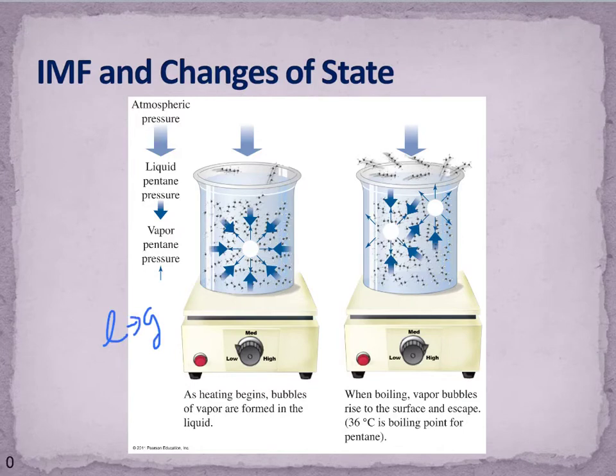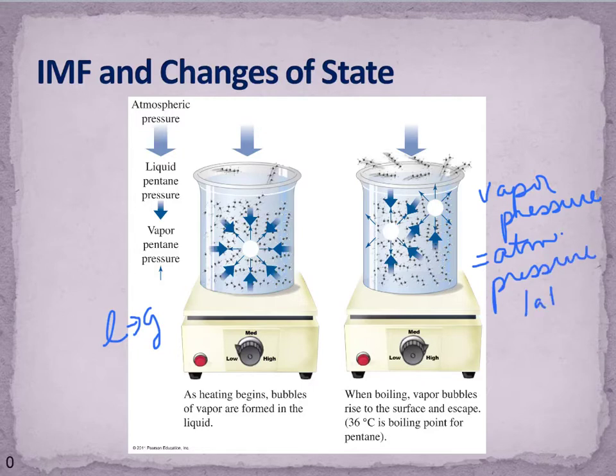At some point, we put enough energy in so that the vapor pressure equals the atmospheric pressure. So when the vapor pressure, the pressure of those gas molecules above the liquid, equals our atmospheric pressure, which for most parts of the U.S. is about 1 atm, that is what we call the boiling point.